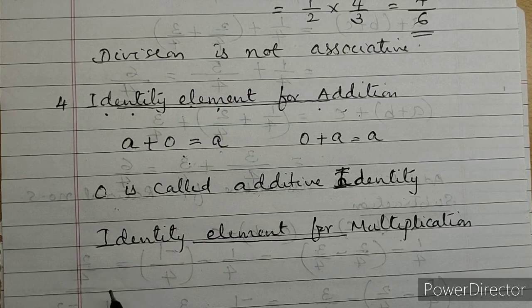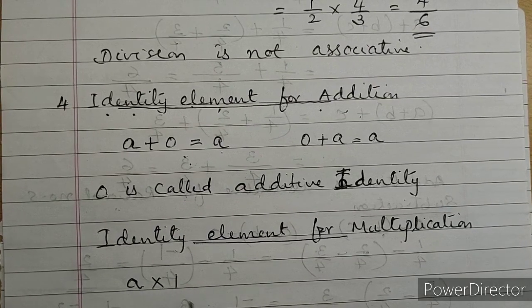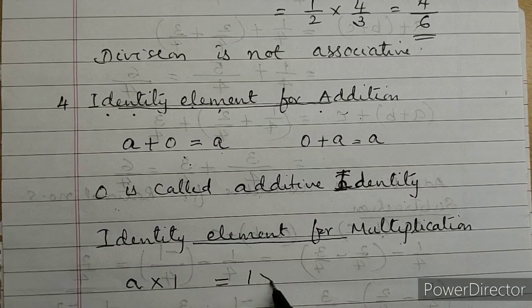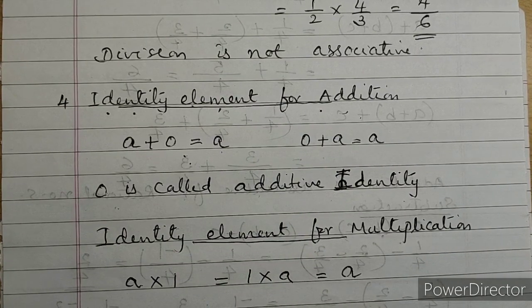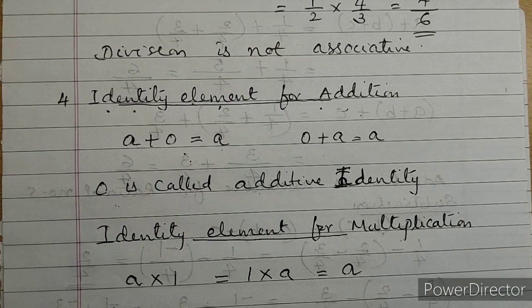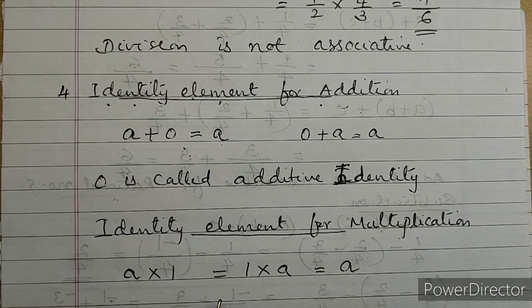The number 1 has the speciality. If any number is multiplied with 1, or 1 is multiplied with any number, we will get back the same number. 1 5s are 5 only. 5 into 1 also is 5 only. So because of that speciality, we call the identity element of multiplication as 1.